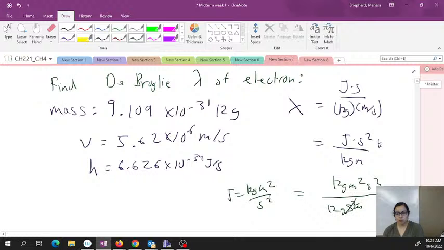That's where my other second squared came in. So the seconds cancel, kilograms cancel, leaving you with meters. That was a long way to get to our units.